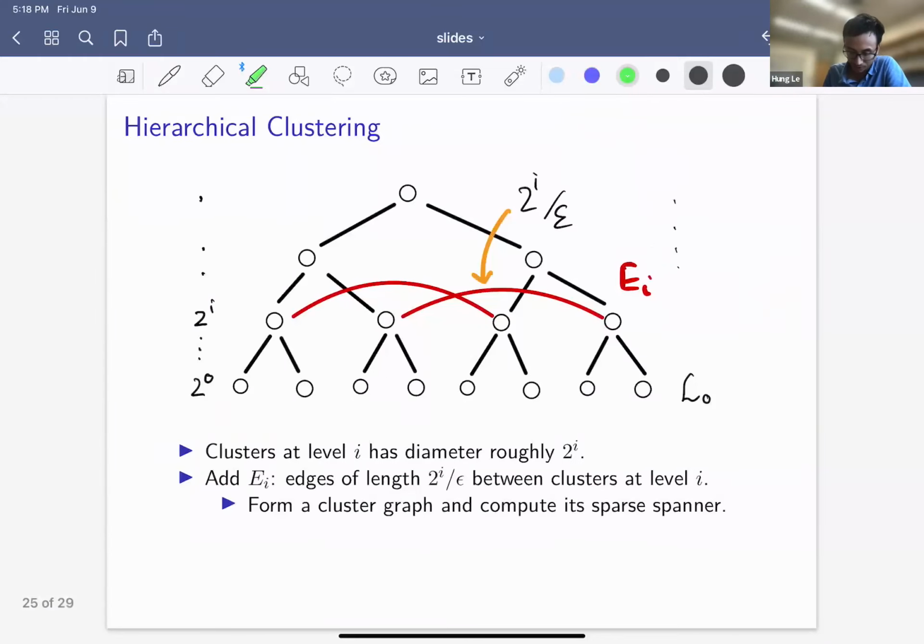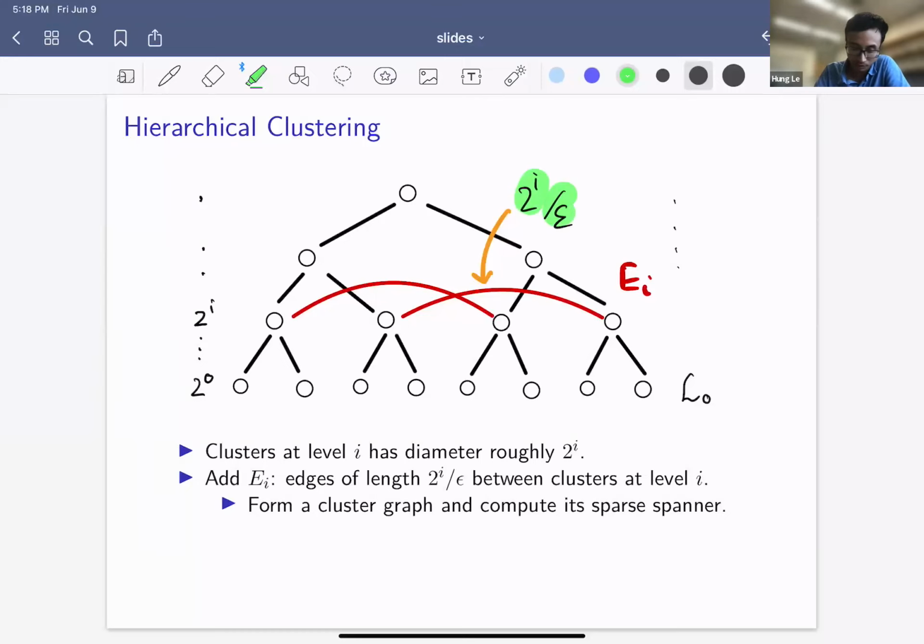Okay, so this is a very classical idea. And also, we are going to add edges to the spanner, and the way we add them is we only add edges of length roughly 2 to the i. So we look at a level and we add edges along a level.